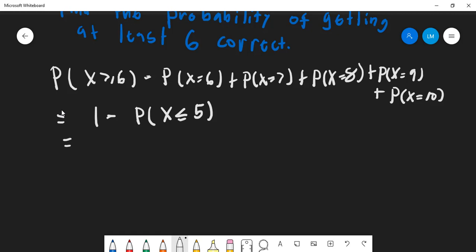So we want to find the probability that we can get up to 5 correct. But we know how to do this.